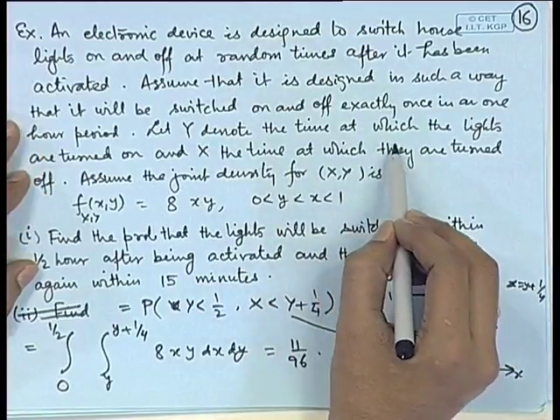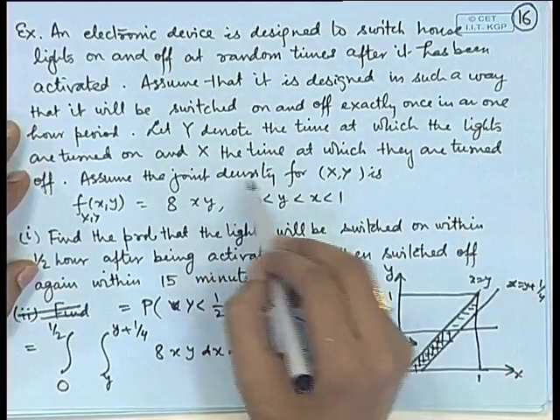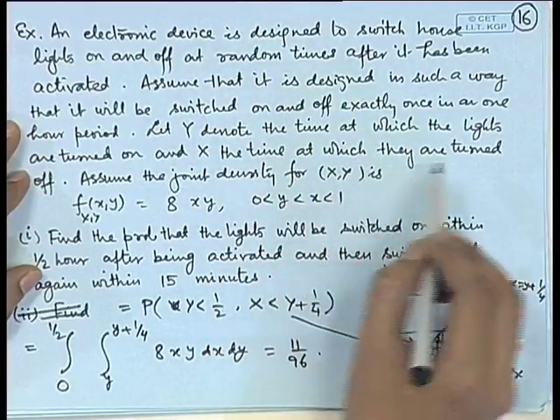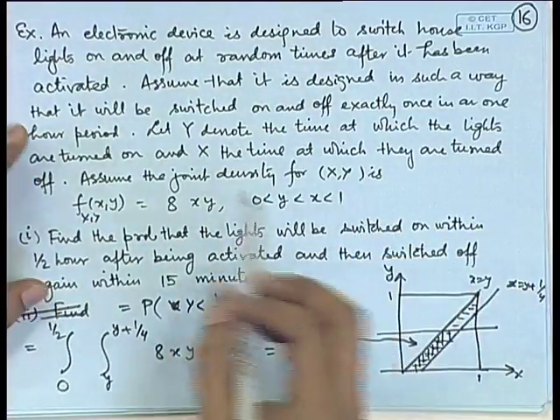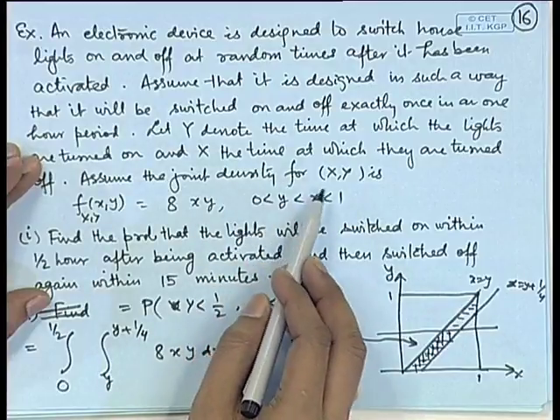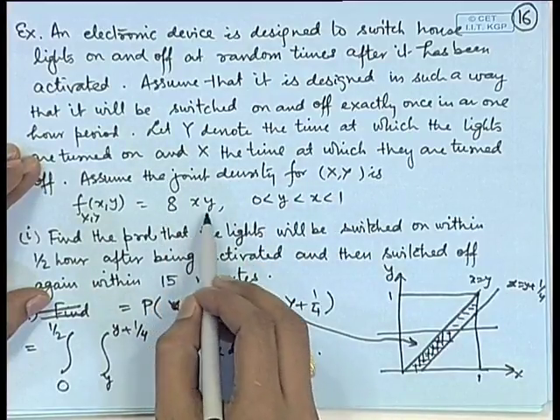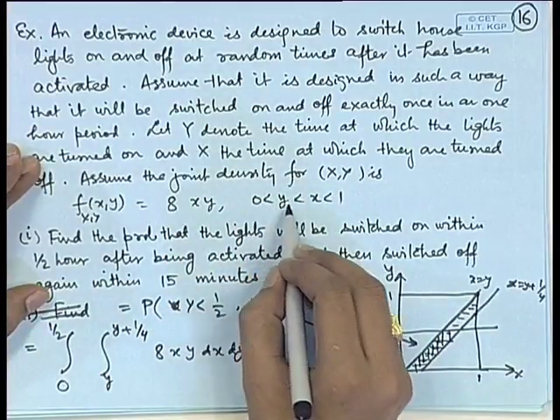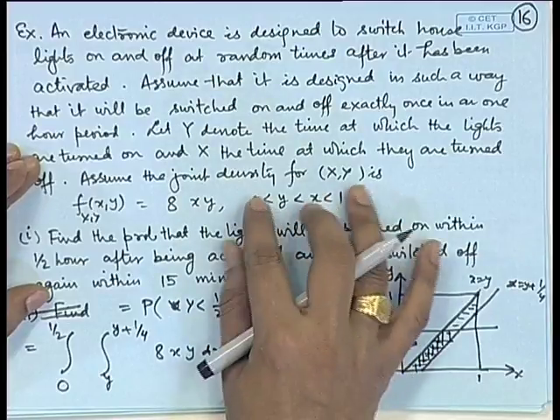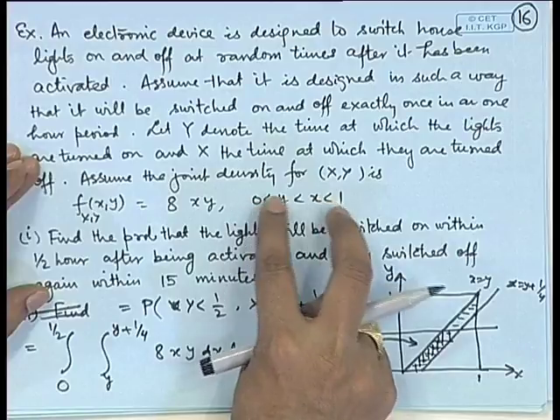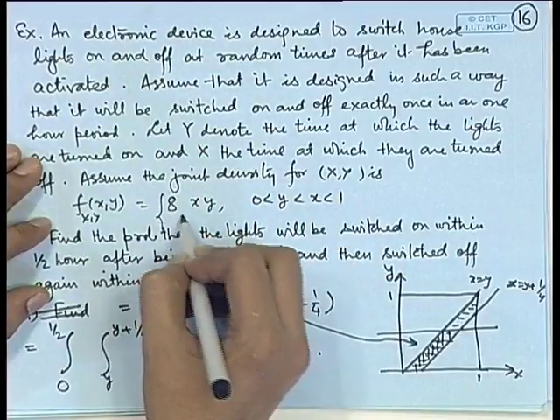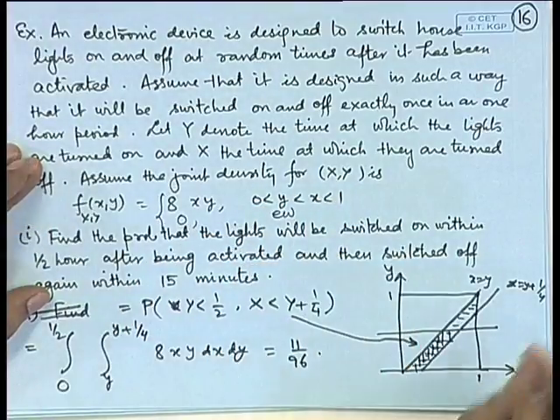Let y denote the time at which the lights are turned on and x the time at which they are turned off. That means, firstly it will be switched on and then switched off, and the joint density function for x, y is given by 8xy for y less than x, and since we are considering only a 1 hour period, both will lie between 0 and 1, and it is 0 elsewhere.